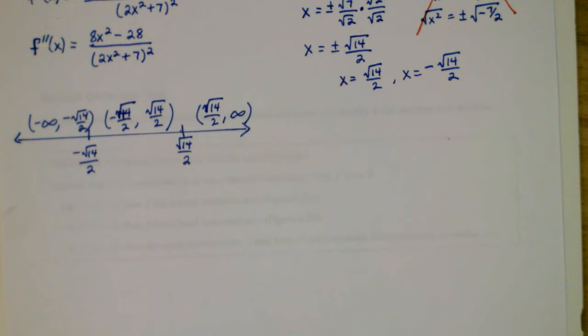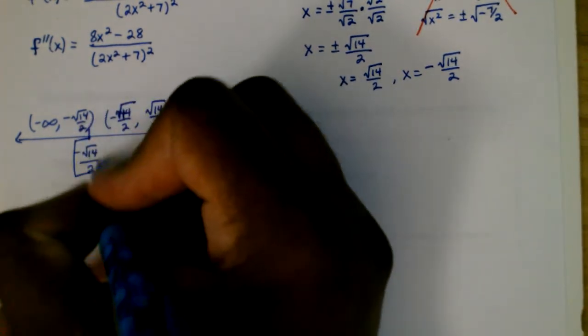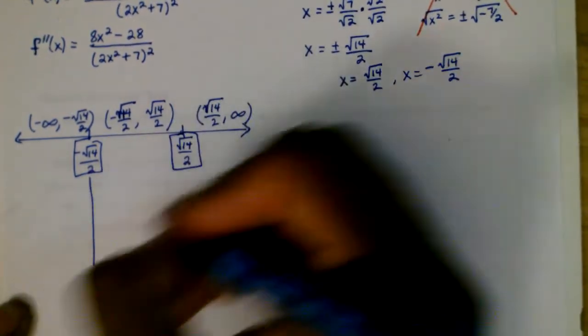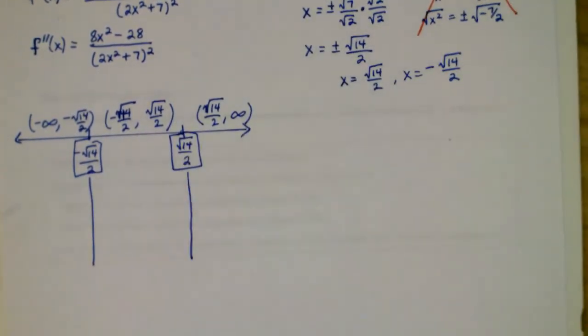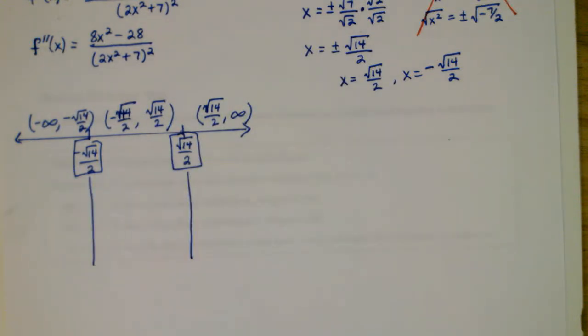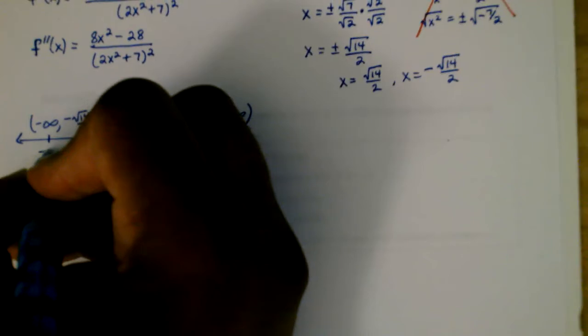Let's see here. I had to pick test values here. And by the way, these are my possible points of inflection. That's going to help me determine which intervals are concave up and which ones are concave down. All right, for negative infinity up to negative square root of 14 over 2, here I pick negative 2.